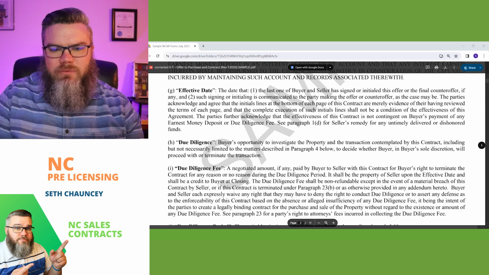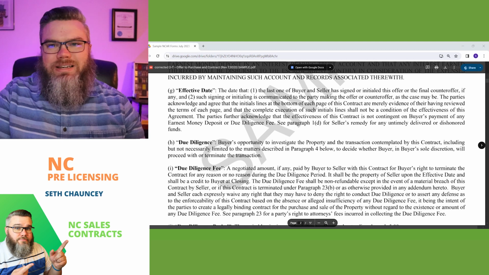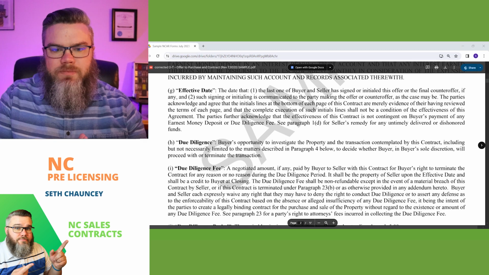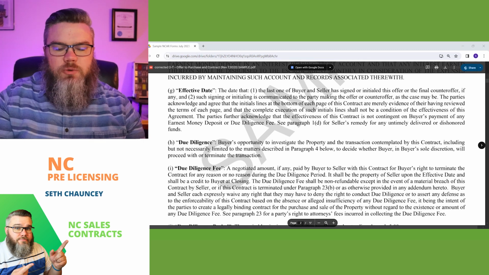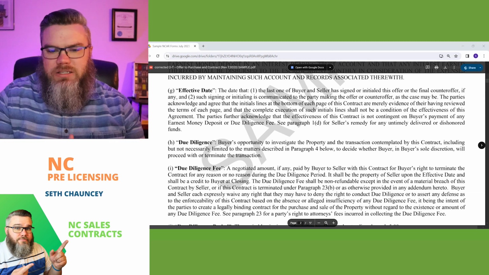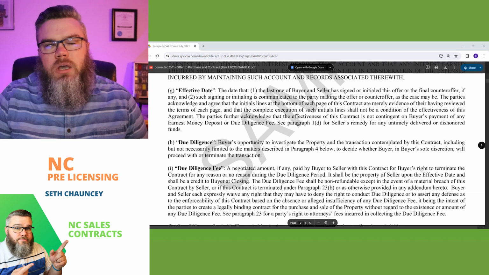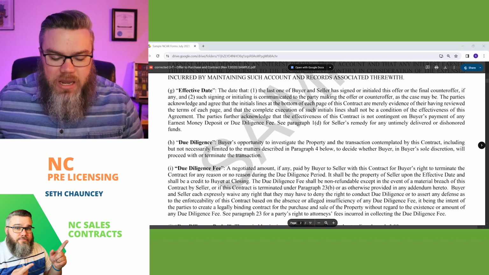Like, that doesn't seem like it protects the buyer at all. It actually wasn't designed to protect the buyer, although it inadvertently does. What would happen, the way that the contracts used to exist, is there was earnest money only, and then they would basically allow buyers to get under contract on a property and walk away without any penalties.